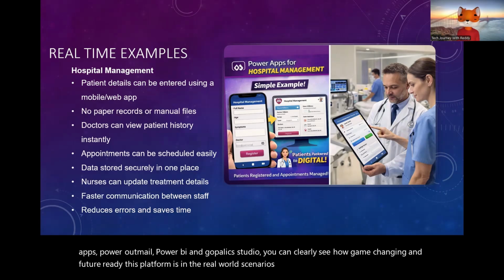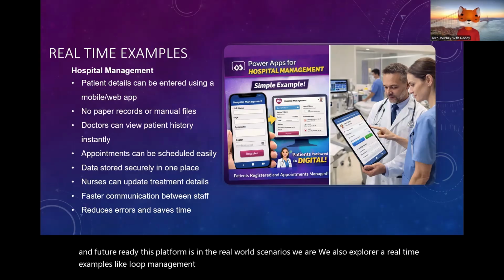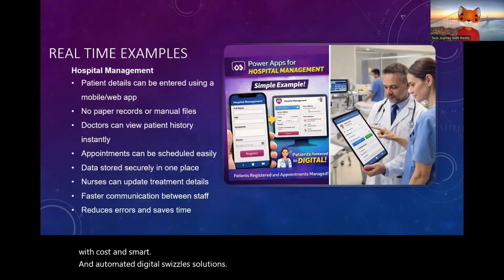We also explored real-time examples like leave management and hospital systems, where traditional manual work is replaced with fast, smart, and automated digital solutions. This proves how businesses can save time, reduce errors, and boost productivity using simple and low-code tools.